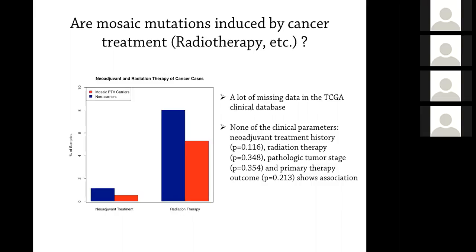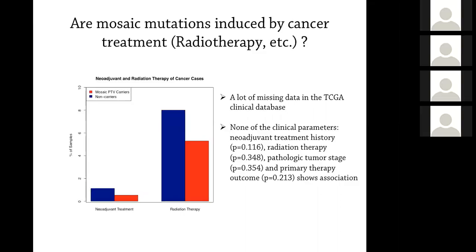There is a lot of missing data, and second, as I figured out, there are a lot of discrepancies in that data. So the p-values are inconclusive, and we cannot tell whether this is in any way linked to chemotherapy or radiotherapy.